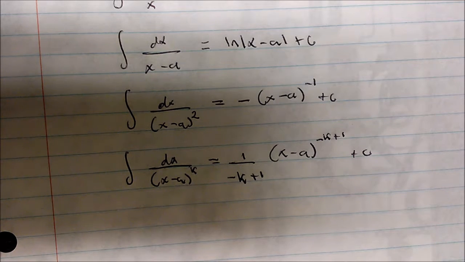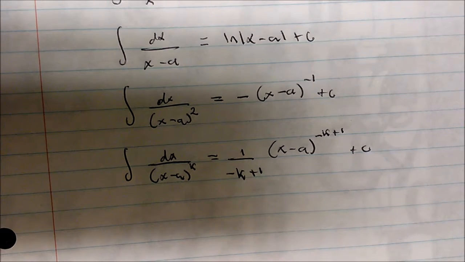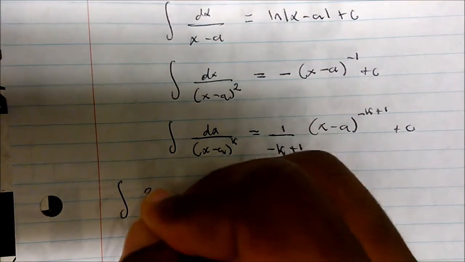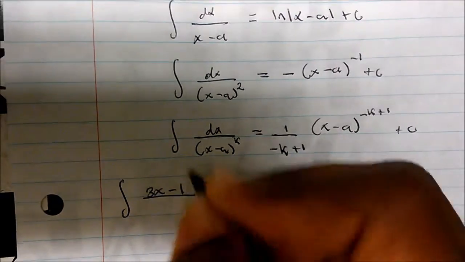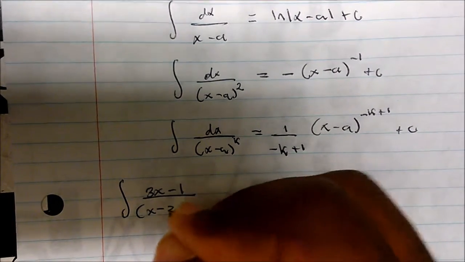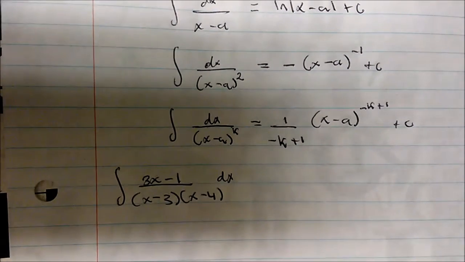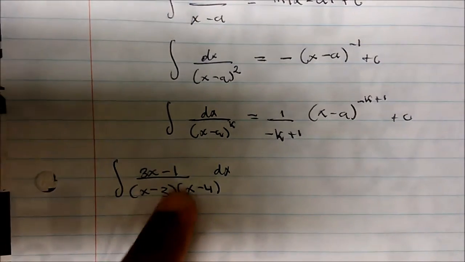So that being said, let's start off. What if we wanted to integrate 3x minus 1 over x minus 3 times x minus 4 dx? How do we integrate it? Notice that our factors are linear.